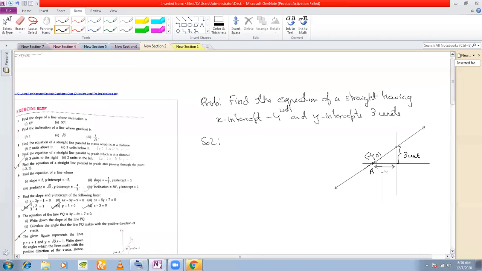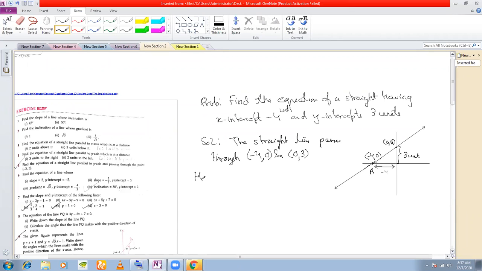Therefore, it must pass through this point, 0, 3. The straight line passes through -4, 0 and 0, 3.